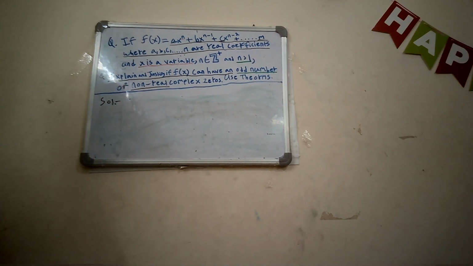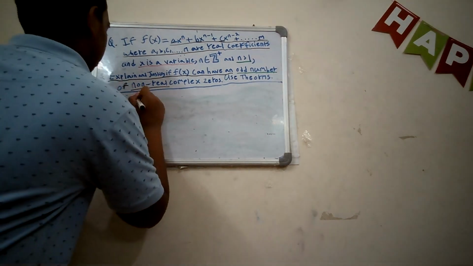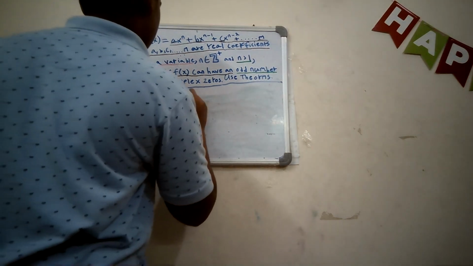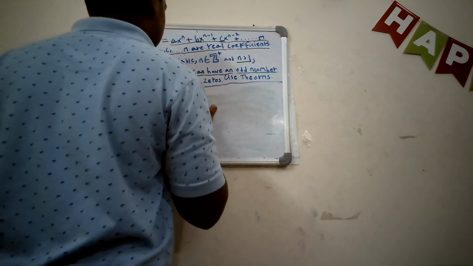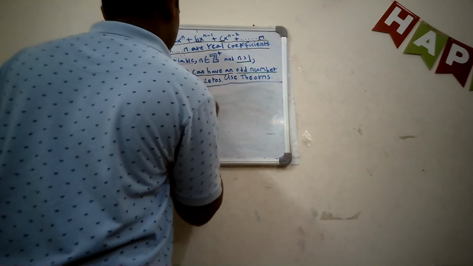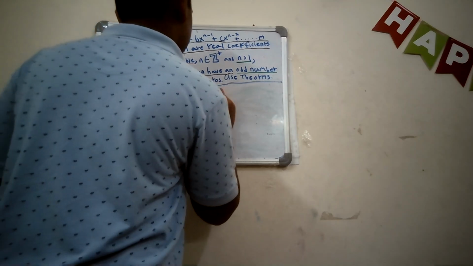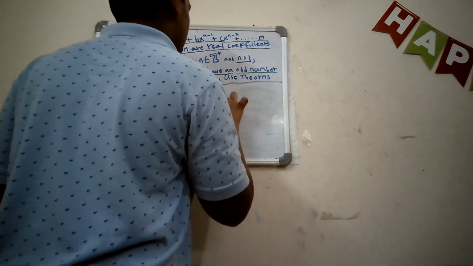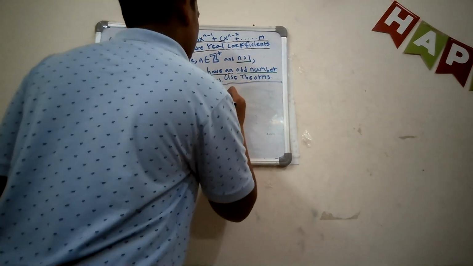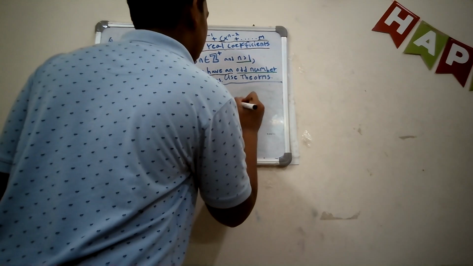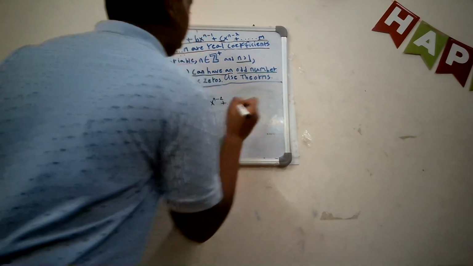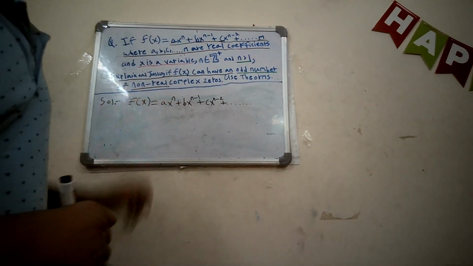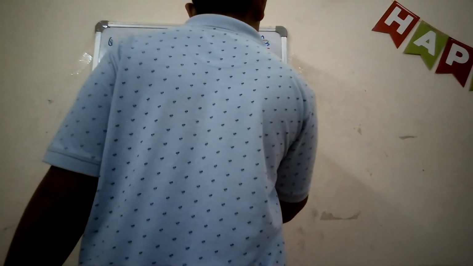Okay, so we're given that f of x is equal to ax to the n plus bx to the n minus 1 plus cx to the n minus 2, and then we add all these exponential monomials up to when we reach a constant.